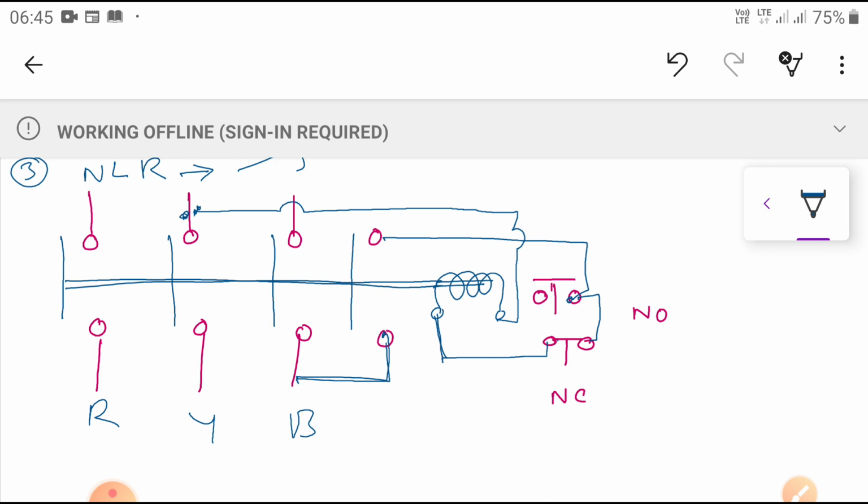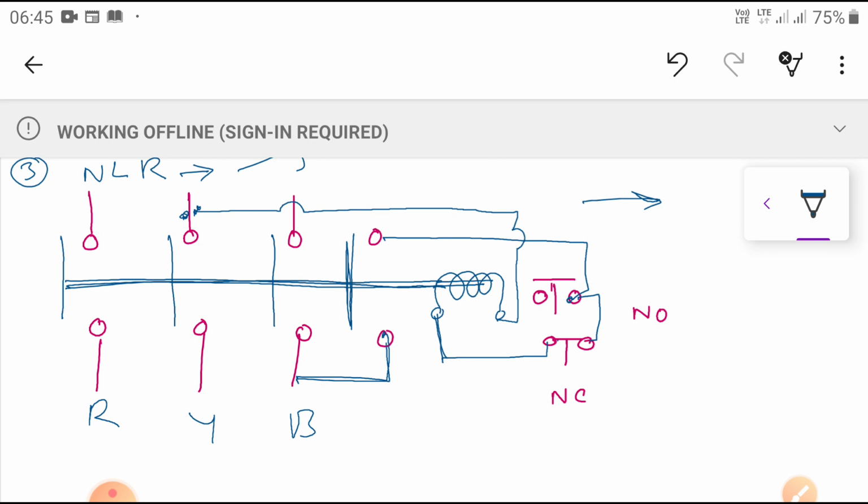You can see here. Now what is happening here? These two contacts are open. It is not closed. If the contact moves in this direction, then all will close, then the circuit has continuity. Now it is not closed initially. For that purpose I can use a temporary auxiliary contactor.